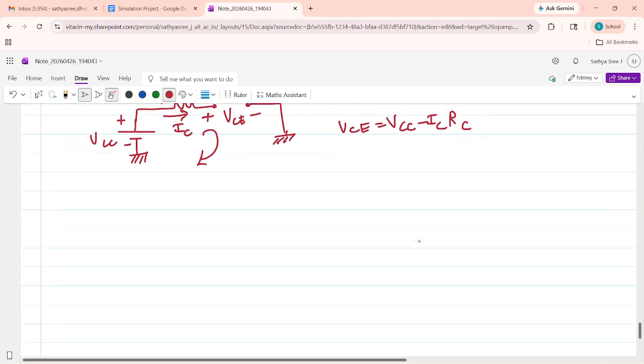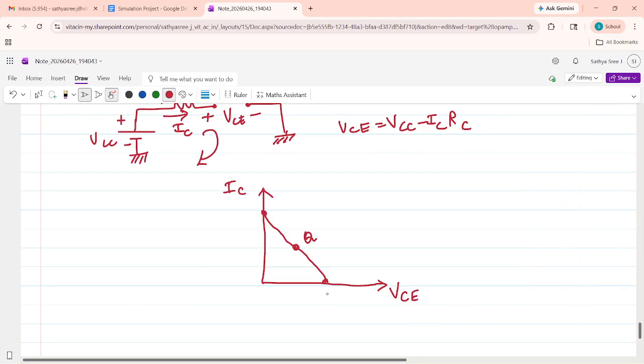Now we have to draw the load line. This is VCE and this is IC. So this is the load line.